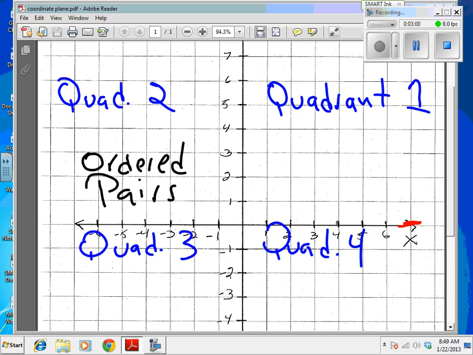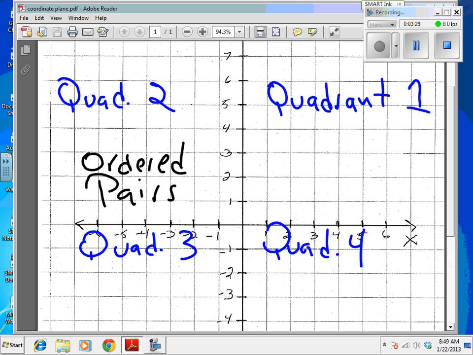When we talk about ordered pairs, we go in alphabetical order. The first number in the ordered pair is on the x-axis. Okay? The second number in the ordered pair is on the y-axis. Everybody understand that? Okay, make sure you write that down.